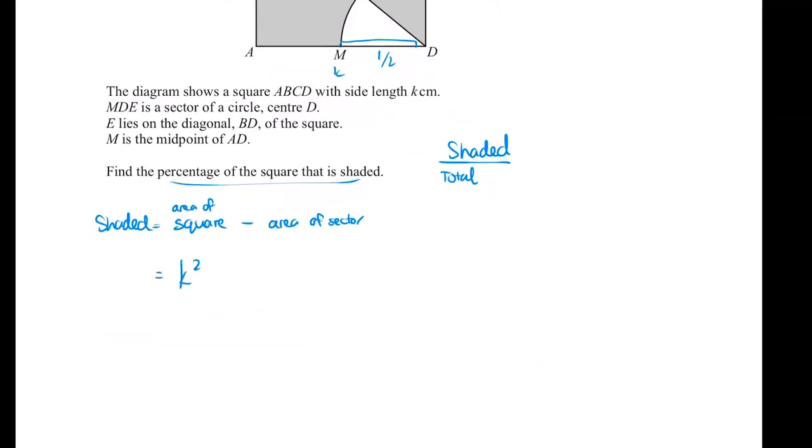It is K squared. Area of sector, which would be 45 degrees over 360 multiplied by pi r squared. r is 1 over 2 or K over 2, squared. So if you feel uncomfortable doing it, you can do it separately. It means that you can do it here. Shaded, sorry, sector.